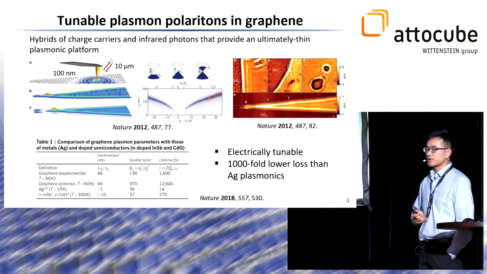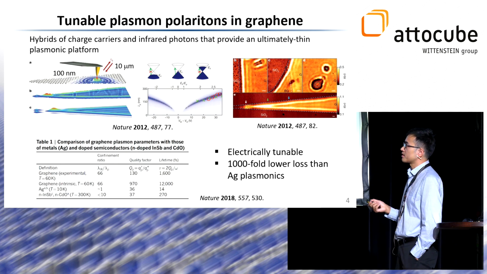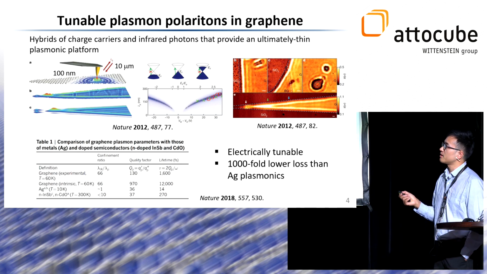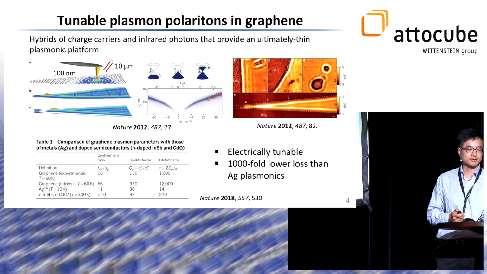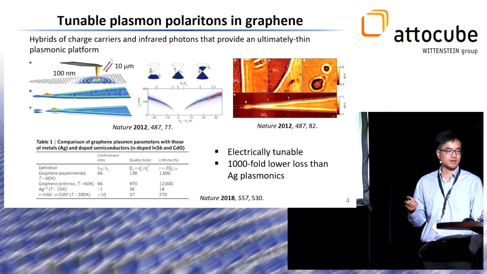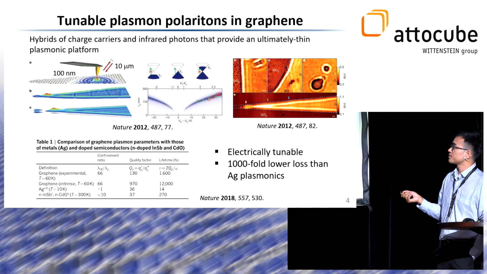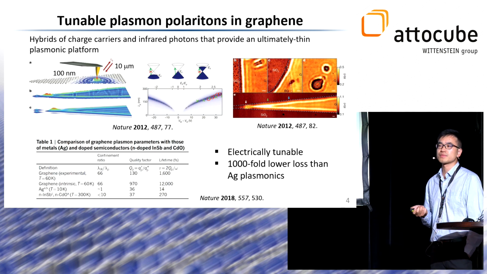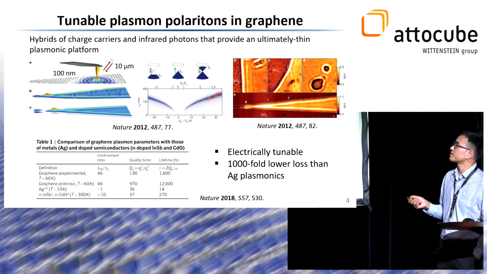So why are polaritons in 2D materials interesting? I think the first real-space observation of plasmon polaritons in graphene already demonstrated that merit, because it can be electrically tunable, which cannot be achieved in traditional metal plasmonics, right?